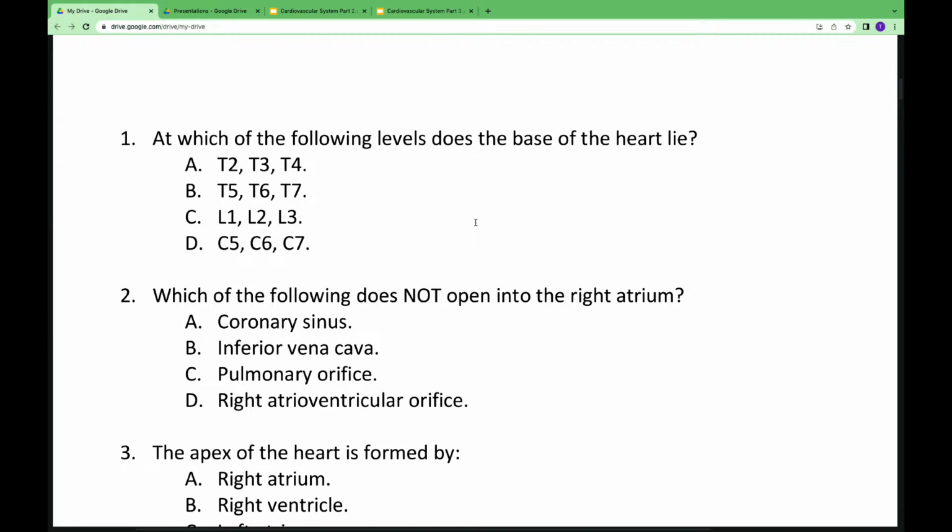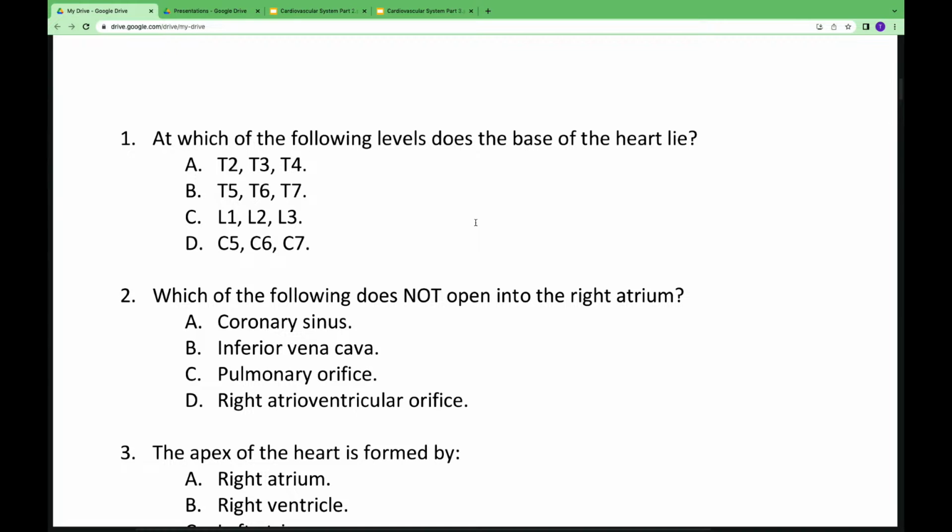And it is the one draining the deoxygenated blood from the heart muscle into the right atrium. So this one opens in the right atrium. We need which one does not. The inferior vena cava also opens right there, excluding that, right? It is also a correct answer.